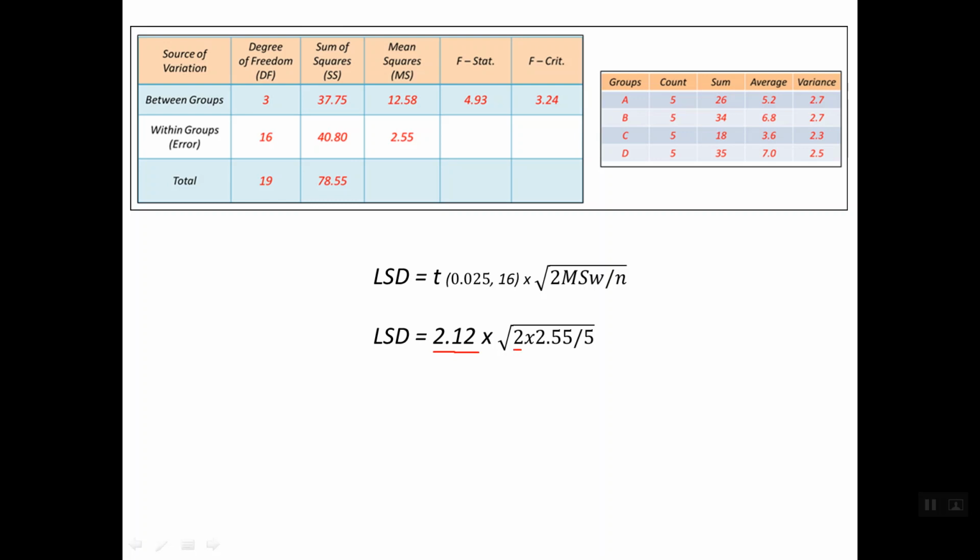This 2 is a constant. 2.55 is the mean square within, or the mean square for the error. And the value 5 is the sample size for one group. So simply if we proceed, we get the value for LSD to be 2.14.